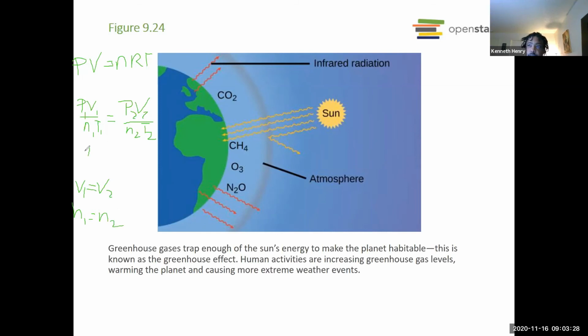We're just left with P1 over T1 equals P2 over T2. See that? So what's going to happen to our atmospheric pressure if the Earth is getting warmer? It's going to increase, right?